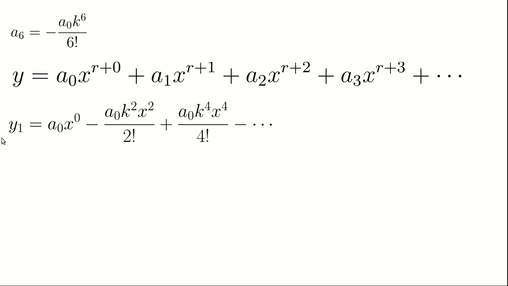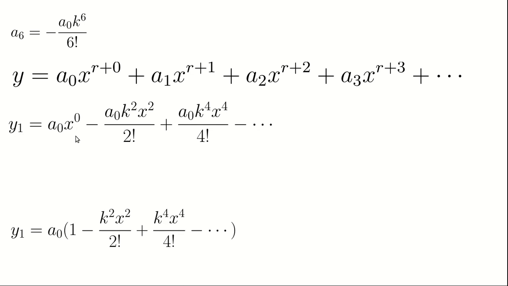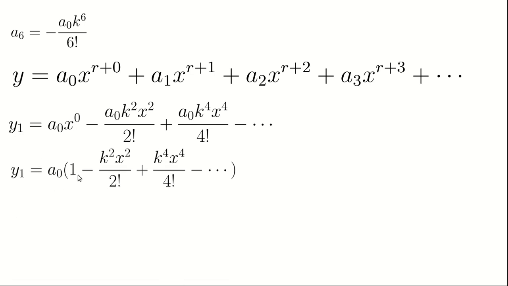So we can factorize a0 out, because this one will give me 1, and that gives me a0 times 1 minus k squared x squared over 2 factorial plus k to the 4 x to the 4 over 4 factorial. So that's the solution for the first one. And if you look at this one, it looks like one of the common series that we know of, and that gives us the cos kx. So y1 is equal to a0 cos kx.